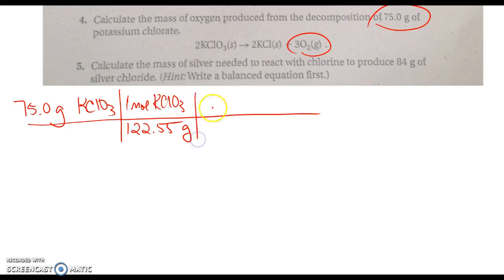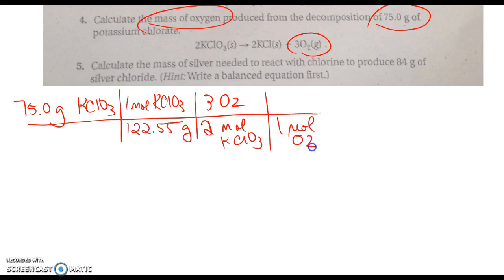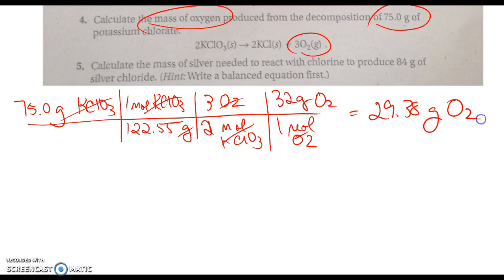Then I have to go from moles, 2 moles of the potassium chlorate, 3 moles of oxygen. Those are the coefficients of the balanced equation. And they want to know mass of oxygen, so I'm going to say 1 mole of the O2 is 32 grams. So all my units cancel, and I'm left with grams of O2, and I came up with 29.38 grams of O2. Not bad, right?